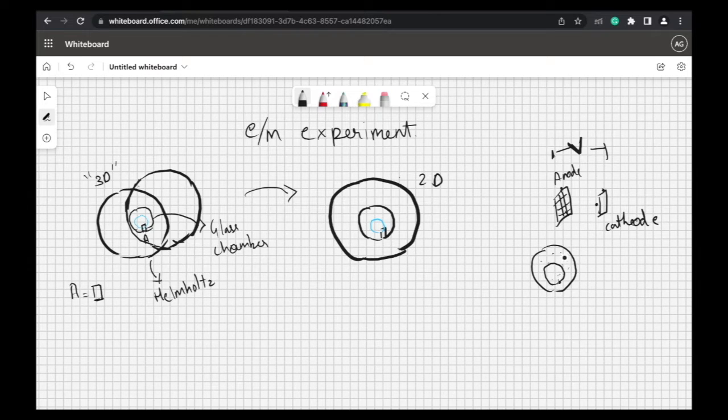Why do they travel in a circle? Because there's a Helmholtz coil that has a magnetic field which is coming outside of this plane. So the electron faces a force in a direction such that it moves. I'll come to the theory in a while. So the electron moves in a circle.